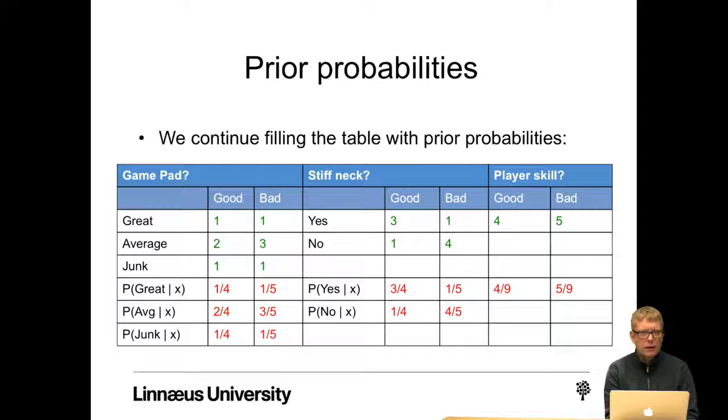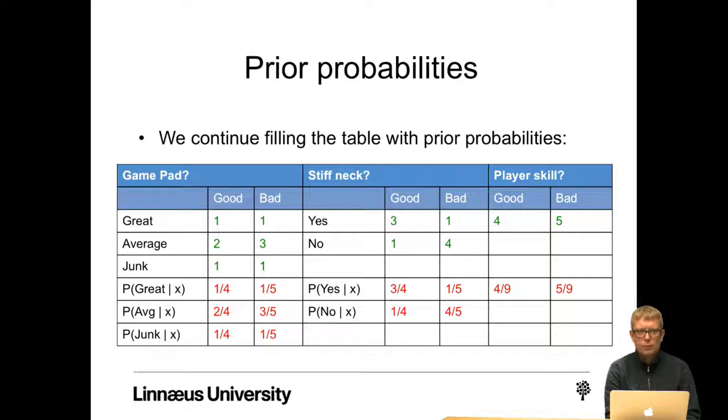We have one example of a great gamepad and bad FIFA player, and we have in total 5 examples of bad player skill. For the average gamepad, we have 2 examples of being good, so the probability is 2 divided by 4, and we have 3 examples of being bad and average gamepad, and we have a total of 5 bad examples, so 3 divided by 5. And we just continue filling in all the prior probabilities in this table.